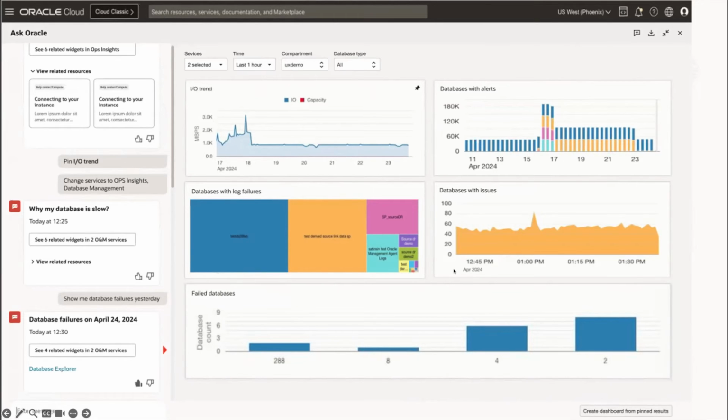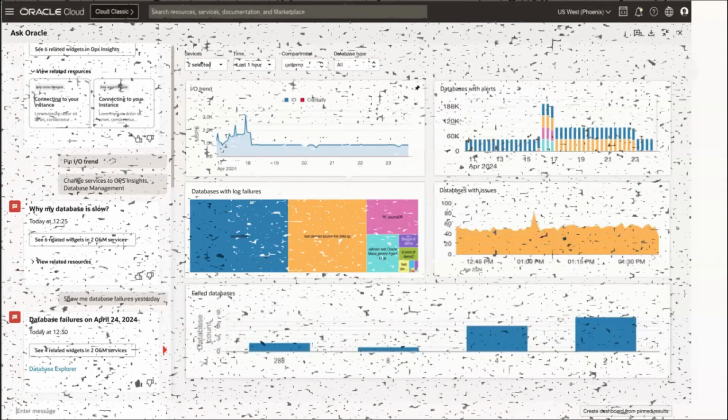So all in all, we are going through this cycle of improvising our set of widgets and trying to fine tune it to a level that we want to see as part of our dashboard. Okay, and next, once you are set with this set of widgets and you like this dashboard in this current format, you can also save it, right?